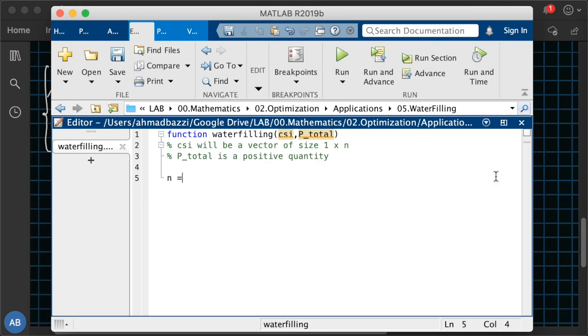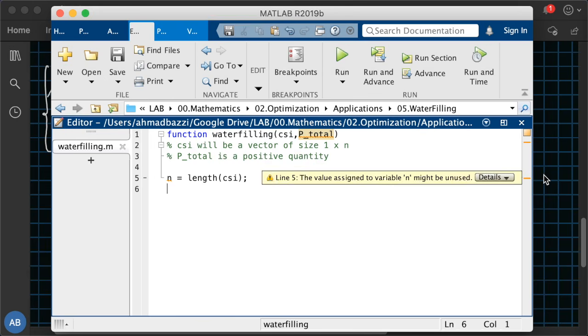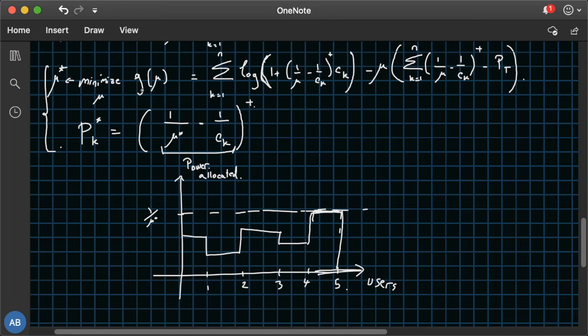Okay, so now let's extract the length of CSI first of all. And the first thing we want to do is compute mu star, right? So we're going to have to compute this function, then find its minimum. What mu minimizes this function?